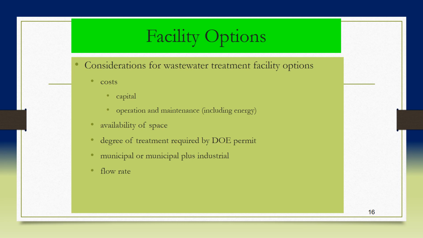And then sama ada municipal plus industrial. So kena tengok pula sama ada dia hanya municipal wastewater ataupun municipal with the industrial wastewater. And then kena tengok pula dia punya flow rate. Macam mana flow rate dia? Kalau terlalu sikit, tak perlulah nak kena sampai buat plant.